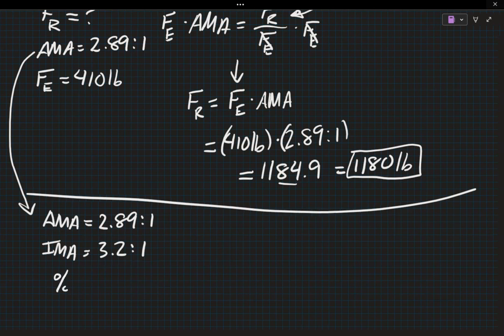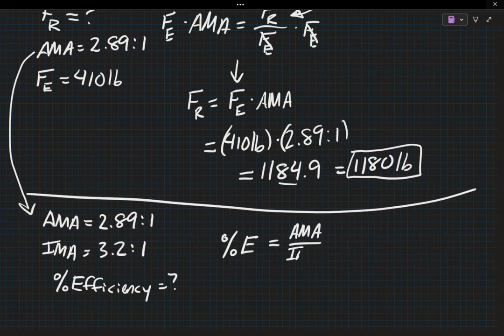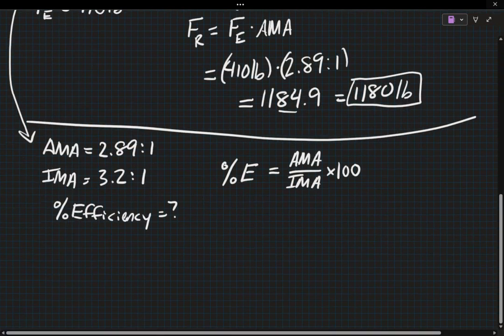If that's the case, how efficient is the machine? Well, our efficiency equation is %E equals actual divided by ideal times 100. And the reason that we're doing the times 100 is because we are calculating a fraction and then we're going to multiply it by 100 to turn that fraction into a percent. In this case, we don't need to rearrange anything, so we can just plug in.